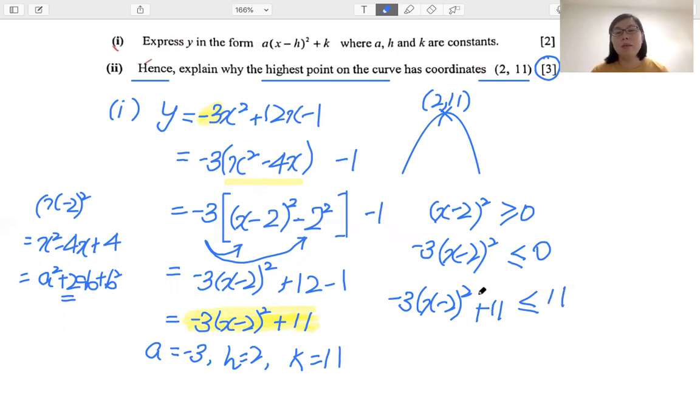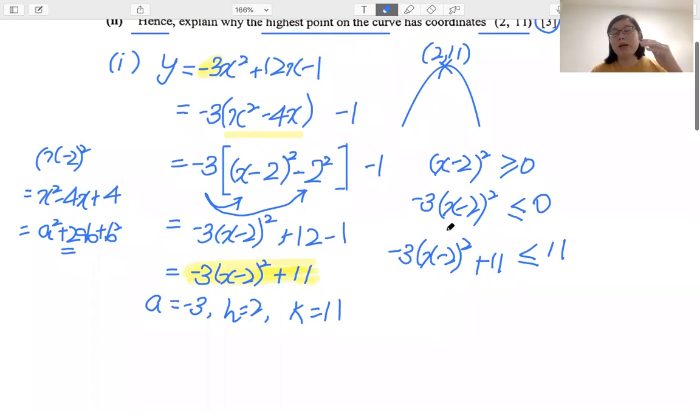Now, can you see that what we have done is we have actually broken down the completed square form by looking into each individual term, starting off with the square term, and then the constant that is tagging along with the square term in order to draw the conclusion that it's going to be a negative value or a 0 value. And then before we add in the constant +11, to conclude that, oh, look, this graph is going to be less than or equals to 11.